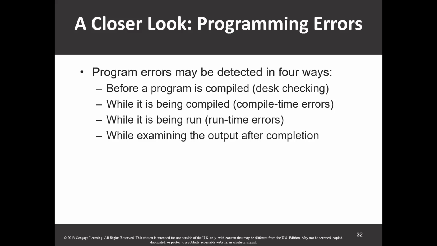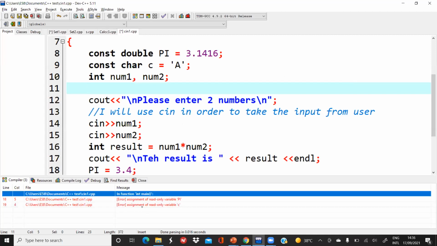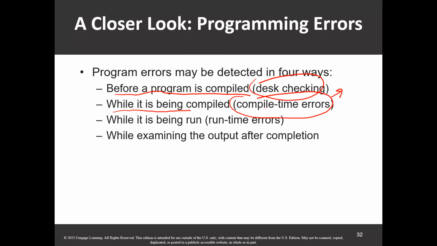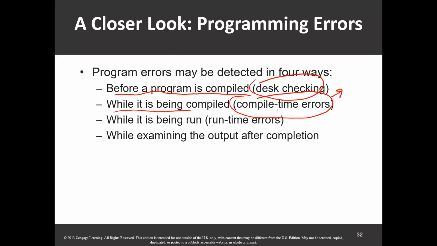We have errors that appear before the program is compiled, or while the program is compiled, the compile time error, where the program tells you there is an error. This type of error is usually the syntax error.